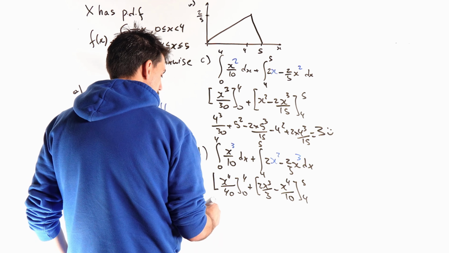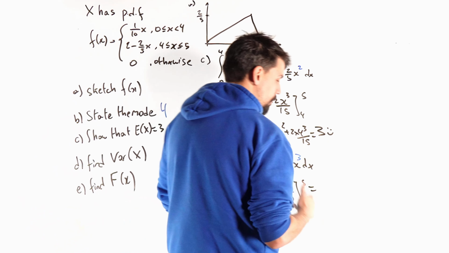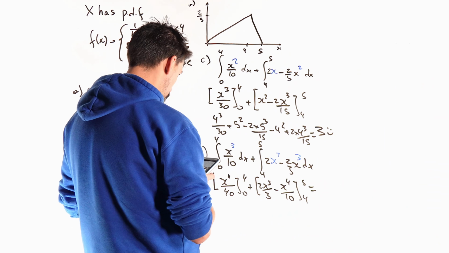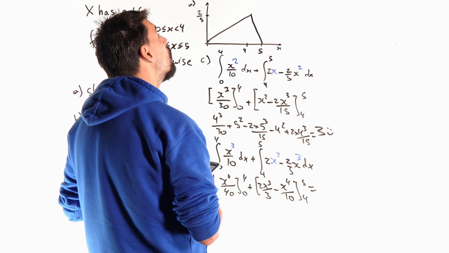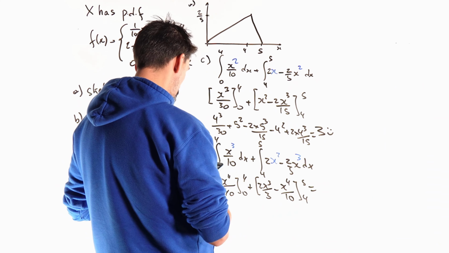I won't fib, I'm not desperate to do this by hand, so let's just see what this is. So we get 4 to the 4 over 40. What's 4 to the 4? 256.